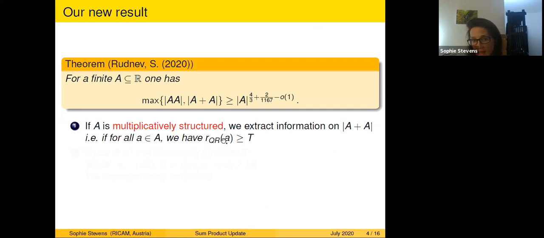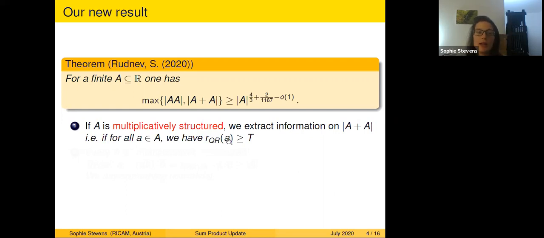And every element of A has at least T representations, where T is some number, as a product of an element of Q times an element of R. This little r notation is saying the number of representations, so the number of pairs of an element of Q and an element of R such that A equals Q times R is at least T.